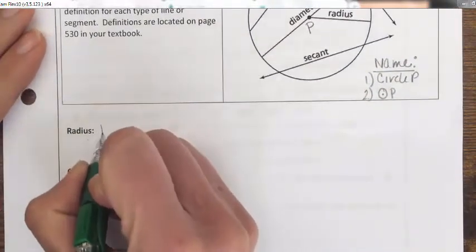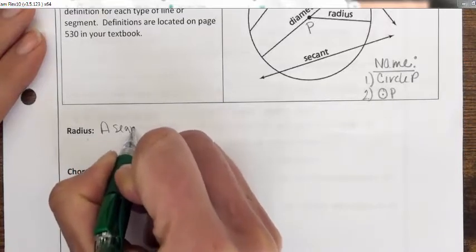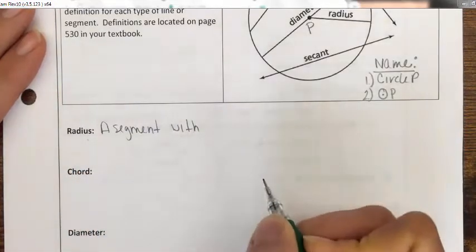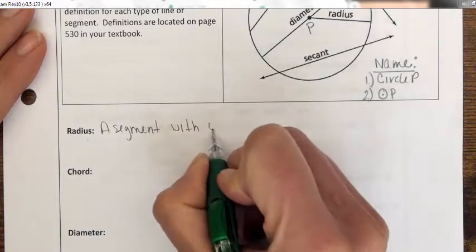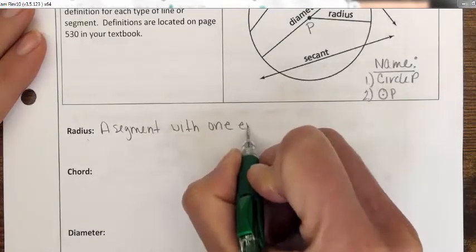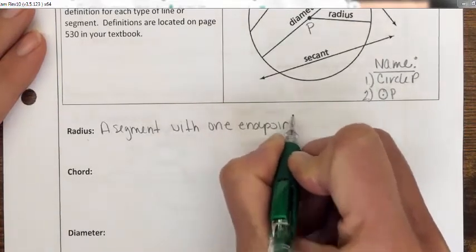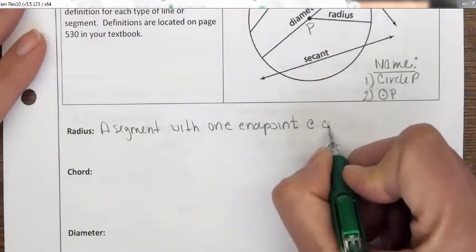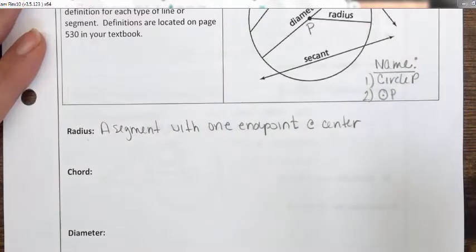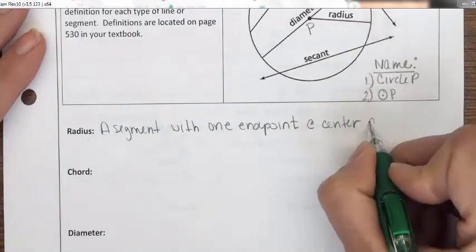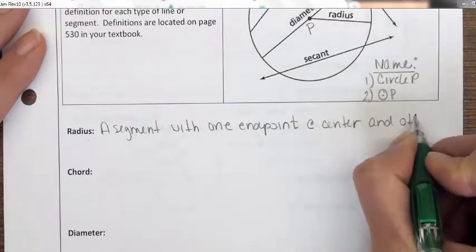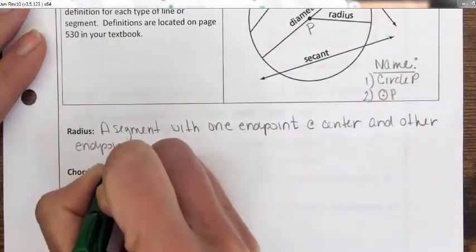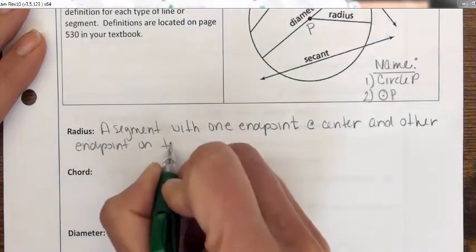So it's a segment with one endpoint at the center and the other endpoint on the circle.